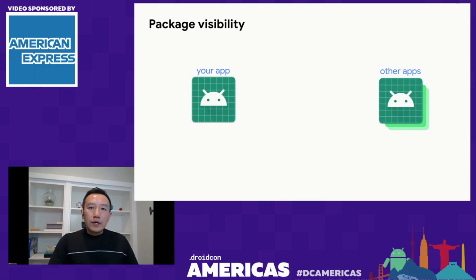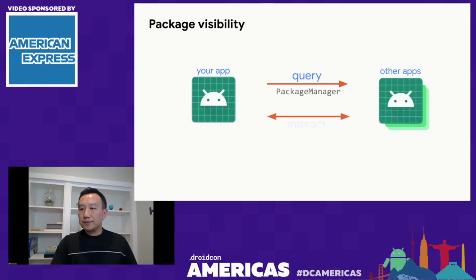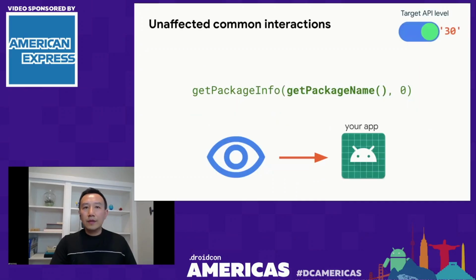So for certain common scenarios, you don't need to make any changes. Let's have a look. Let's say you have your application on the left and other applications on the right. You can use Package Manager to query and interact with them, as I mentioned earlier. So if you target Android 11 or API level 30, this API will return package info for your own app as expected.